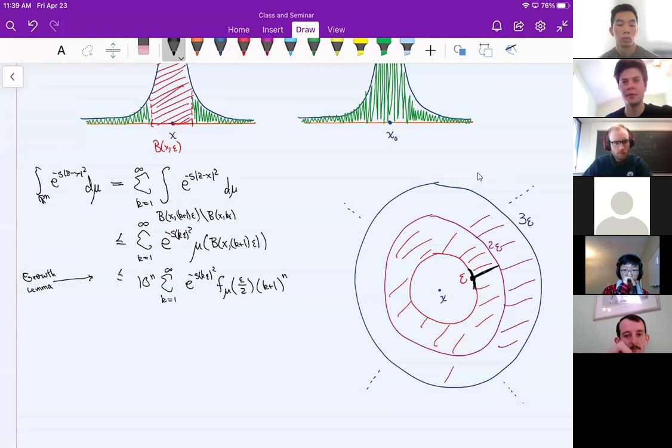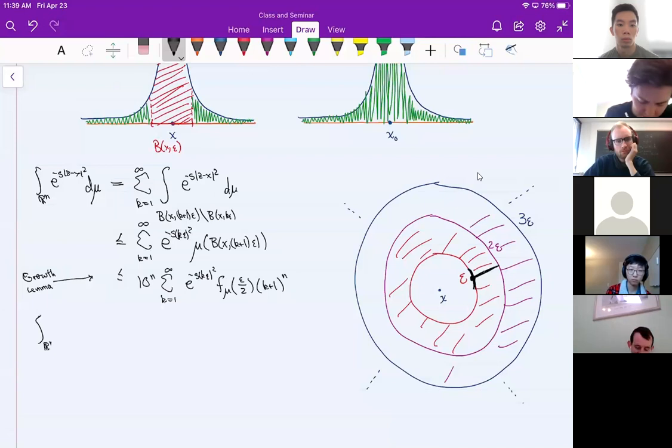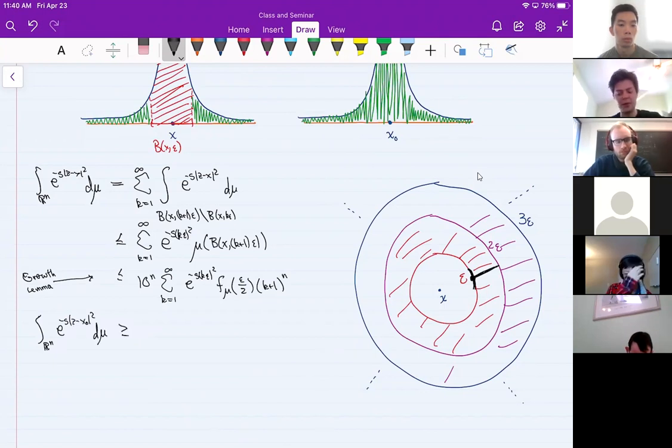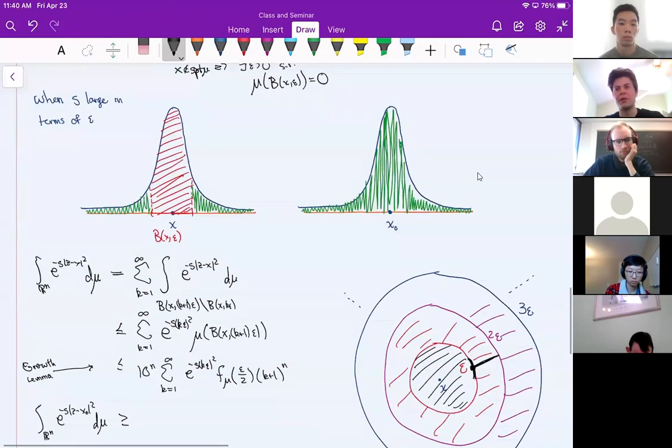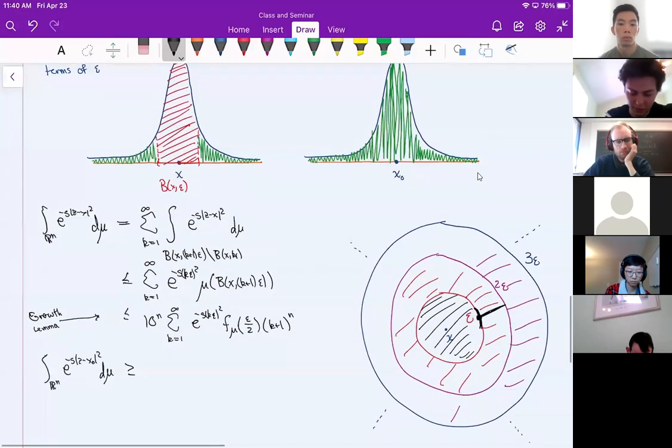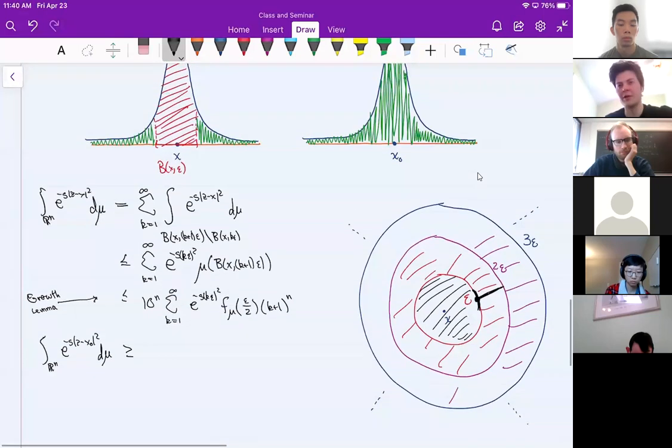Then I want to bound the integral on the right below by something. So this integral over R^n, I can find a bound below by just looking at the inside part. Because all the measure is concentrated around my point at 0, I can look only at this inner part.